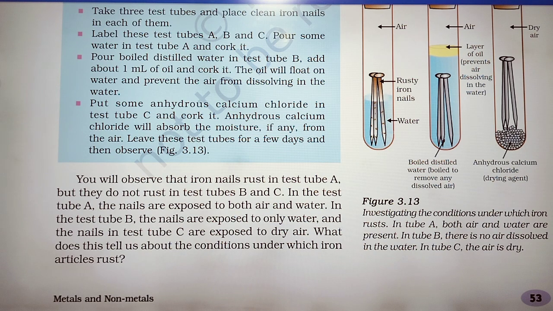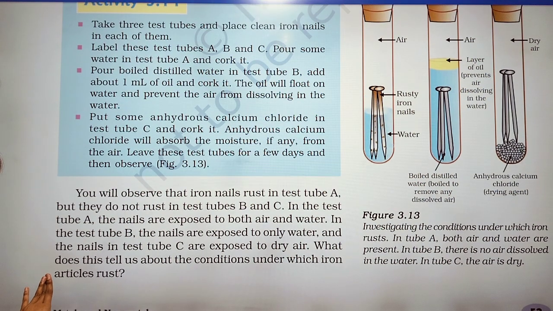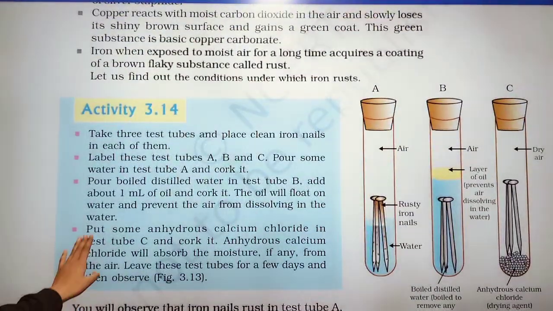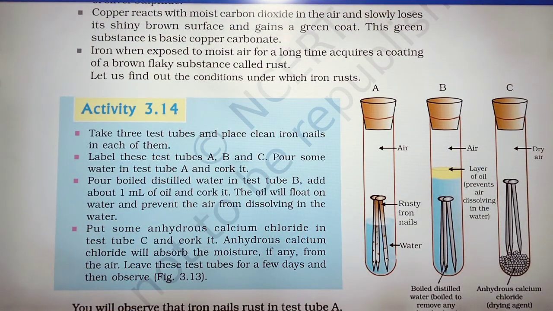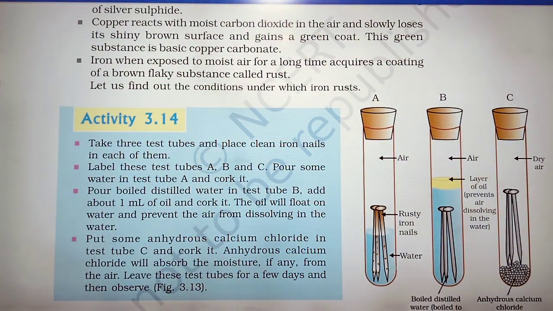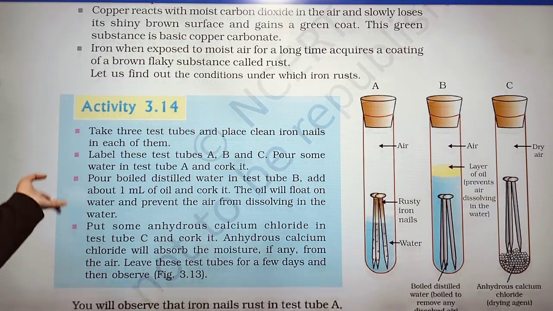What does this tell about the conditions under which iron rusts? Obviously, in test tube A, it is moist air and water. Here it is simple, water is present, so in this case the iron rusts.